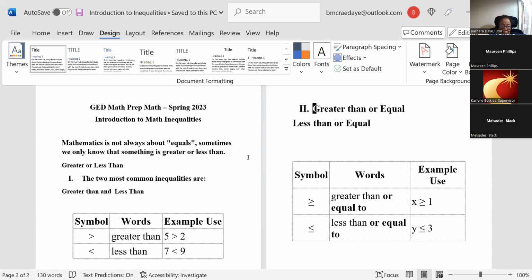Those are our inequalities. Also, not equal is an inequality, and that's normally written with the equal sign with a slash. But the two most common inequalities are the greater than and the less than.